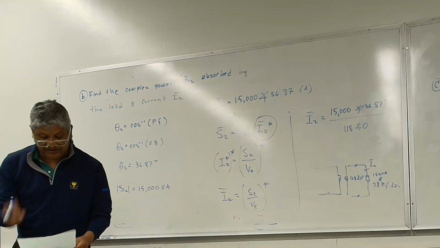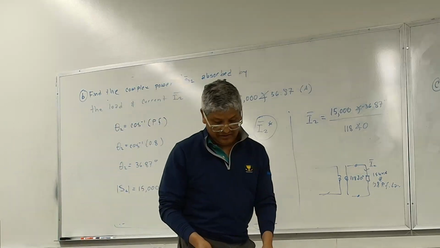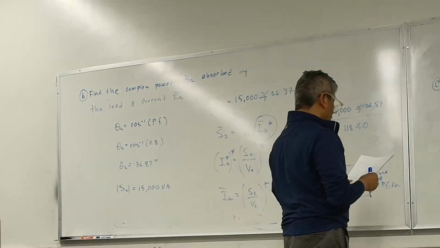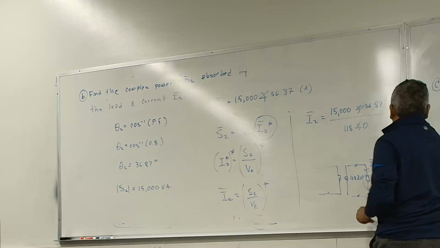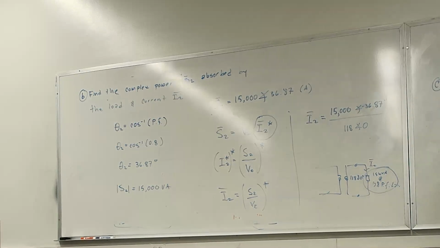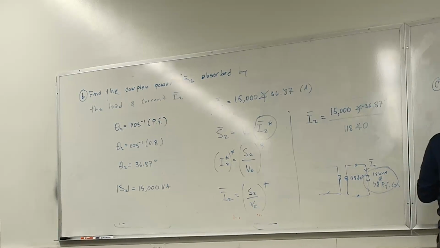Okay, so let's see, where was I? 127, yep, okay. So it says find the load impedance, meaning the load impedance on the secondary side of the transformer.